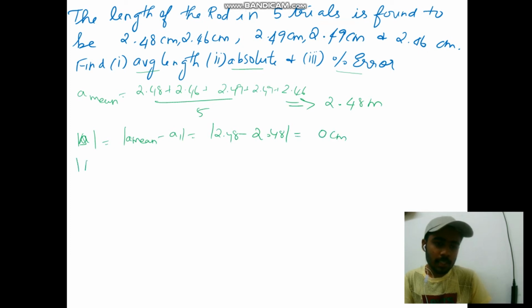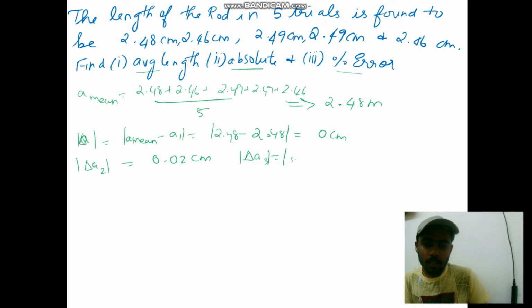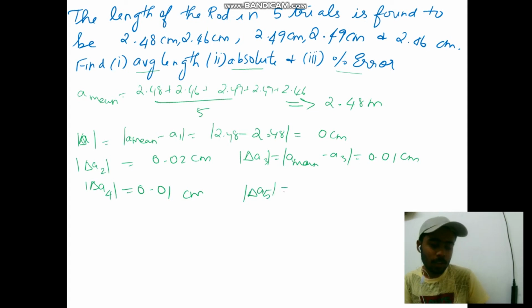Now the error in the second quantity, similarly, comes out to be 0.02, delta A3 is A mean minus A3, which comes out to be 0.01, and delta A4 similarly comes out to be 0.01. If I do all the calculation, it will take more time, so I am doing it in a fast manner. You can do the calculation on your own. Delta A5 is 0.02 meter.